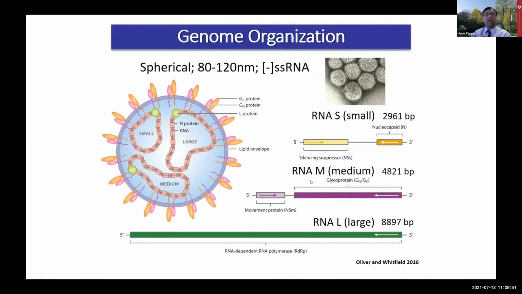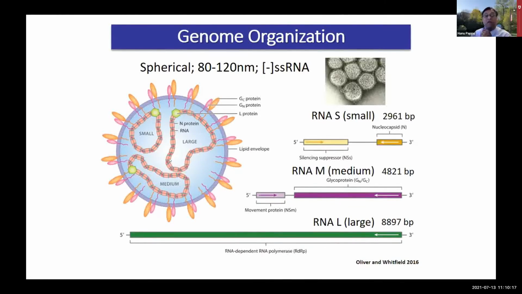Quickly, the genome organization is very unique compared to a typical RNA virus infecting plants. It's a spherical RNA virus particle, and it has a glycoprotein envelope. Inside this virus particle, the virus has three RNA segments. Based on the size, they are referred to as large, medium, and small.